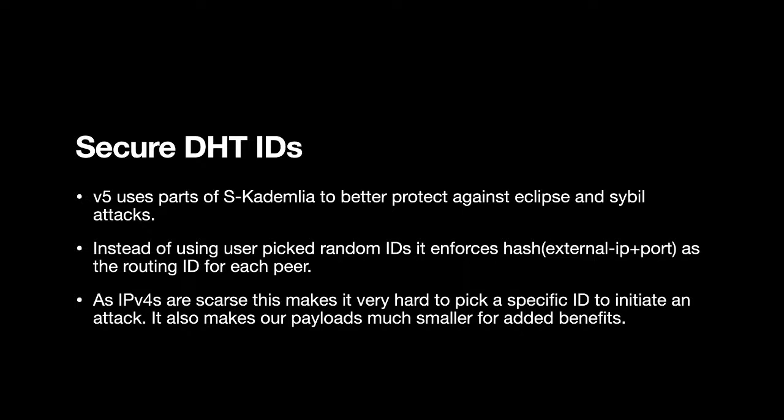It's like proof of IP. So it makes it very hard to position yourself in a specific way. The flip side is that now we don't need to send an ID because it's implicit from the IP, so it makes our payloads much smaller, which matters at this layer. So in general, it just makes it much faster.